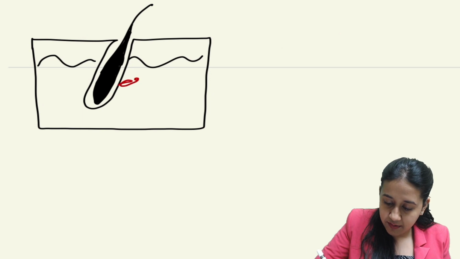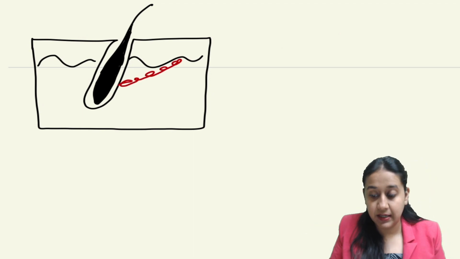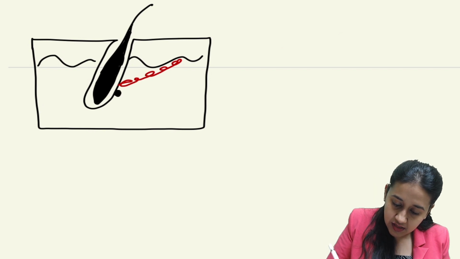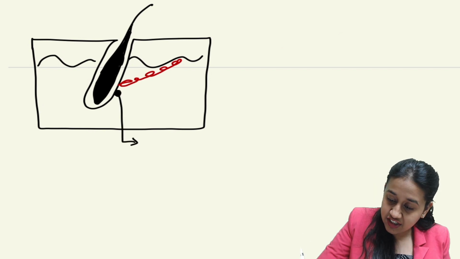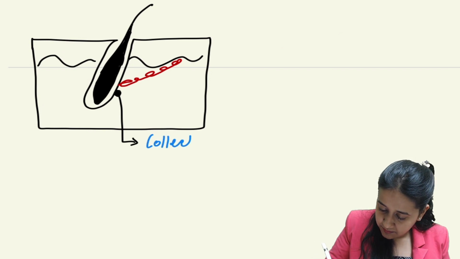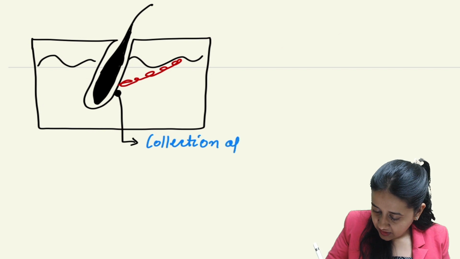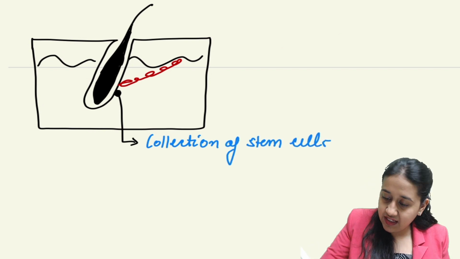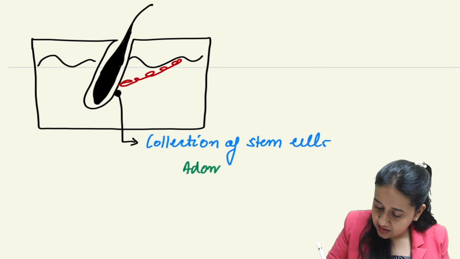There is attachment of a muscle which is known as erector pili muscle. Just below the attachment, somewhere here, you have a collection of stem cells, and these are known as Adamson's fringe.